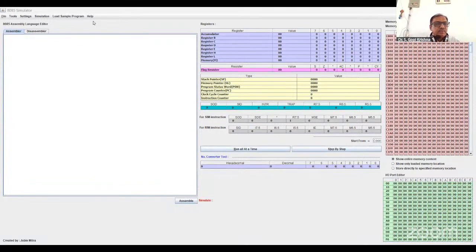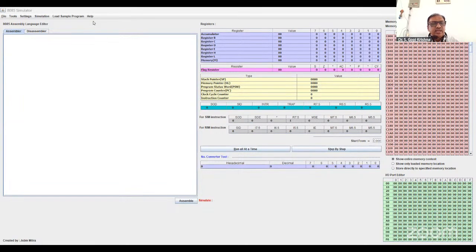These are the three pairs available. Whatever data we store in the BC pair, DE pair or HL pair will be taken as the address of the memory location, and the corresponding data will be transferred to the accumulator. So this type of indirect addressing also can move the memory location data into the accumulator.